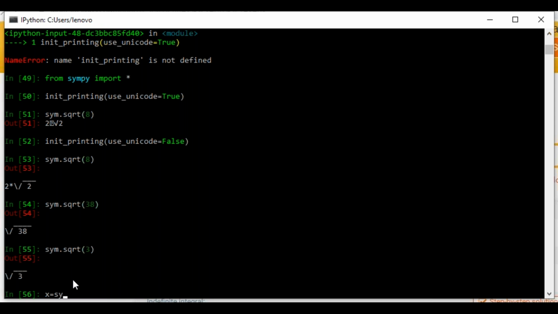We have already imported the sympy package as sim. We can import sympy as sp. Then we type x equal to sim dot Symbol with capital S, considering only one variable here, in brackets x.